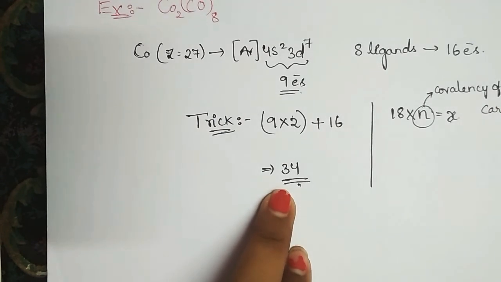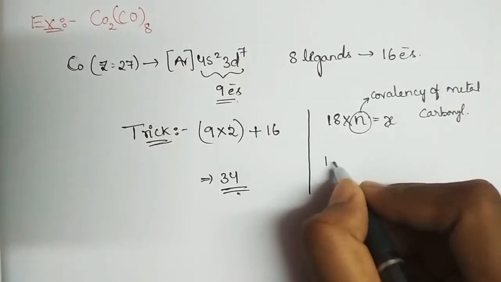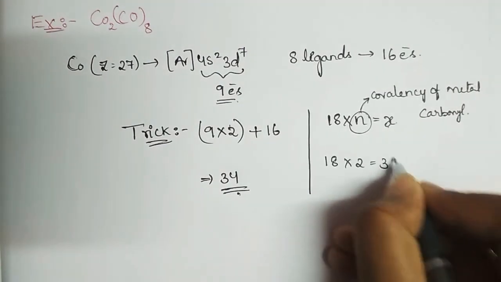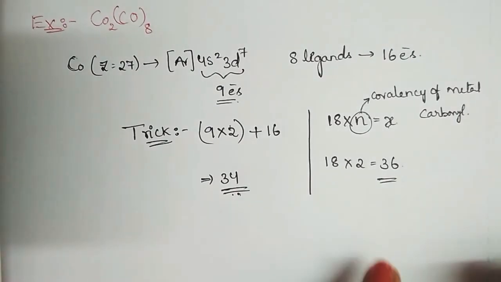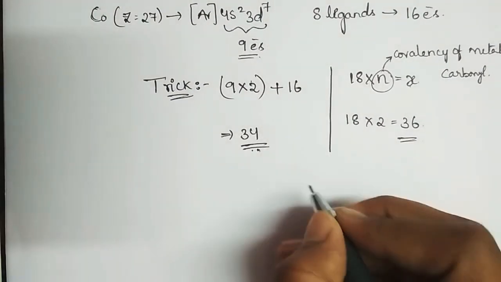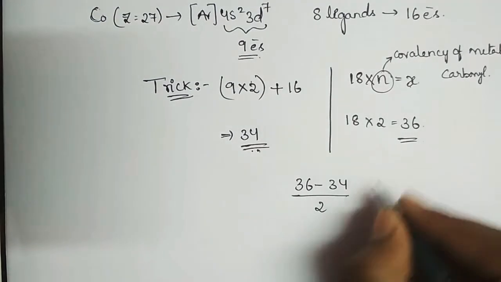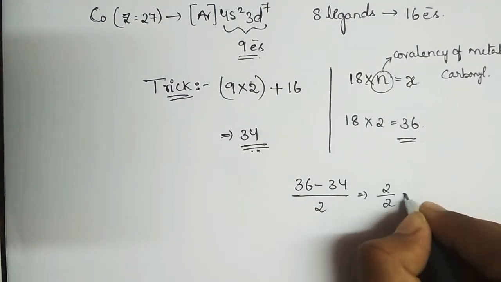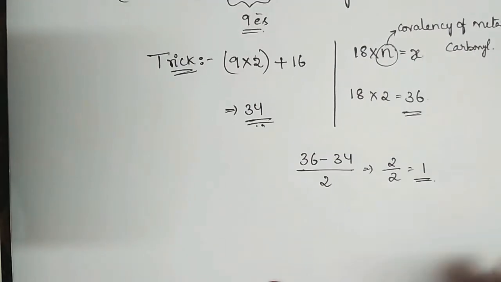See, 18 into 2 is equal to 36. So there is a difference between these two values. The difference, 36 minus 34, divided by 2, is equal to 2 by 2, which is equal to 1, and the number of metal bonds is 1.